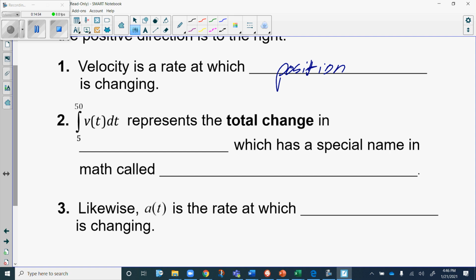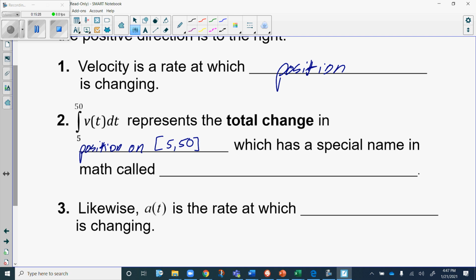The definite integral from 5 to 50 of v of t dt represents the total change of position on the closed interval 5 to 50, whatever that is, minutes, seconds, whatever, which has a special name in math.